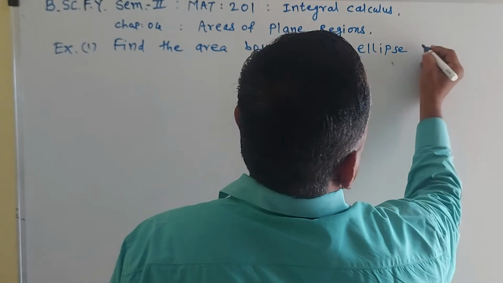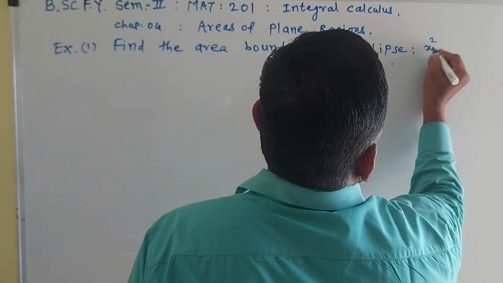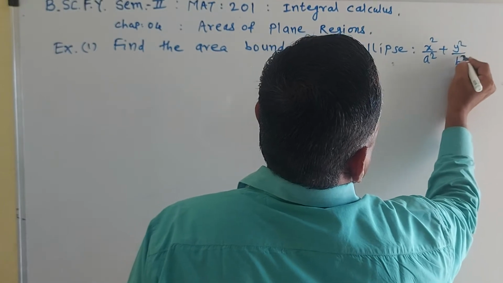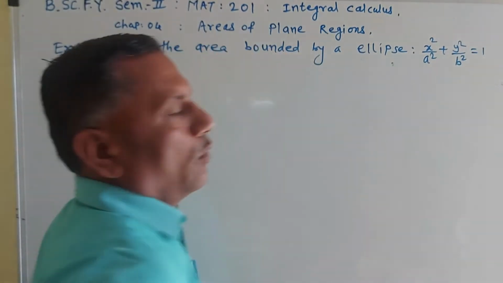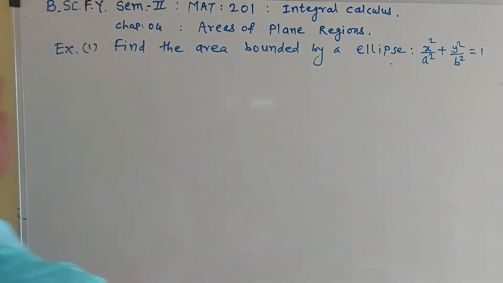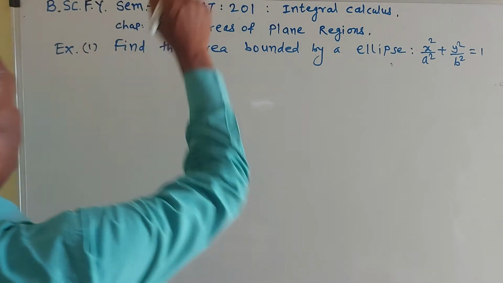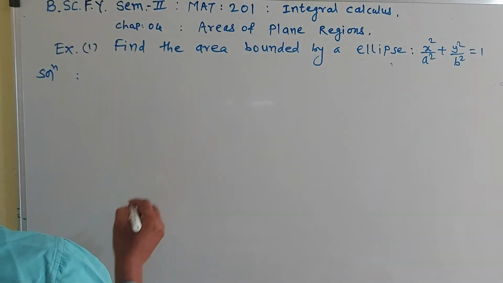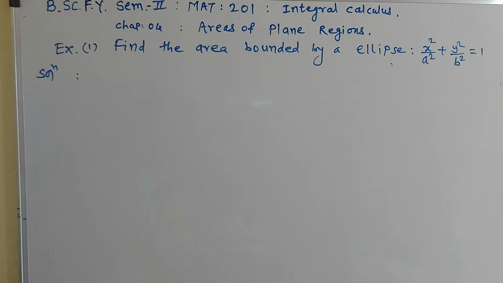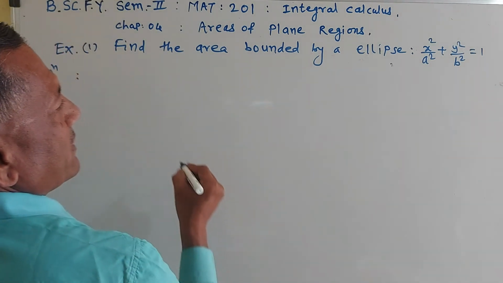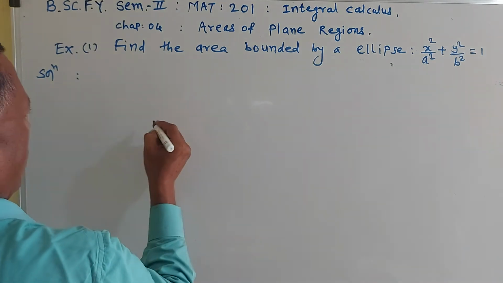So you know the standard equation of ellipse, x square upon a square plus y square upon b square is equal to 1. Solution. You know the equation of ellipse, x square upon a square plus y square upon b square is equal to 1.